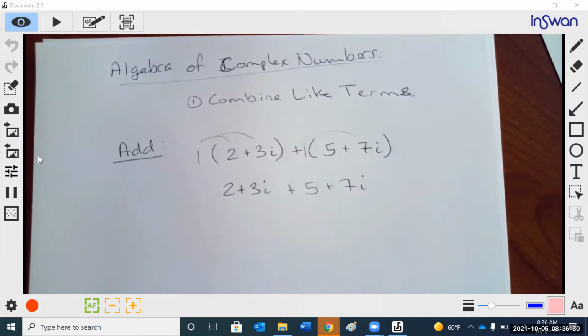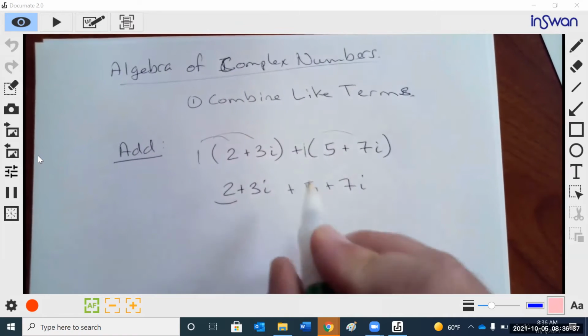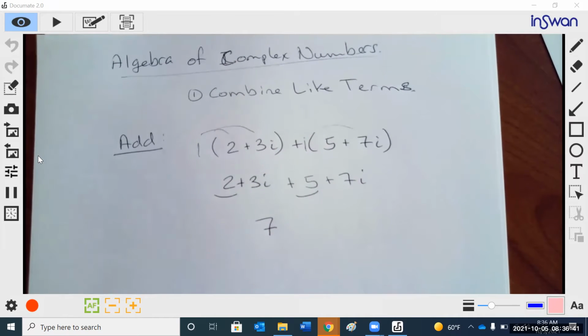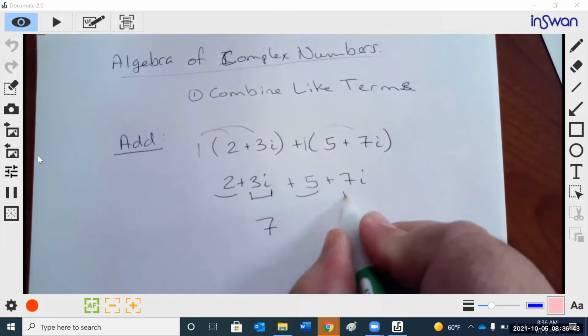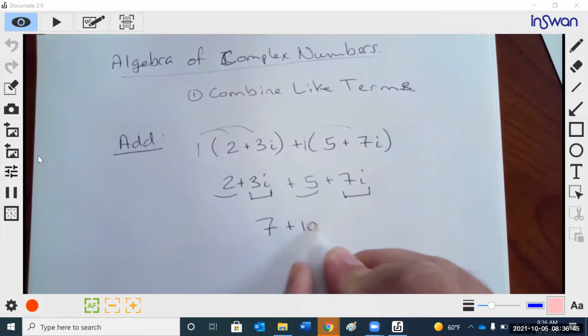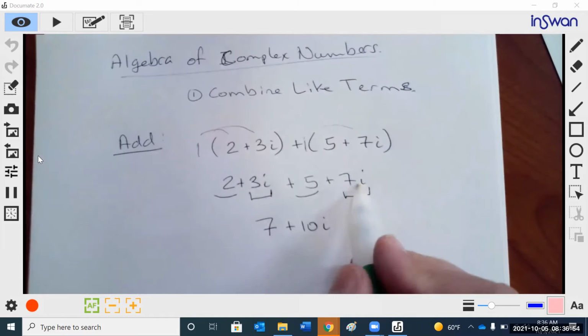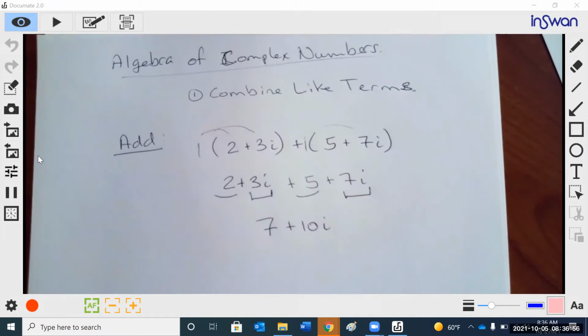Whenever you get rid of parentheses, the first step is always combine like terms. Combine the real numbers. 2 plus 5 is 7. 3i plus 7i is 10i. 3 plus 7, they're both i's. 3 plus 7 is 10.